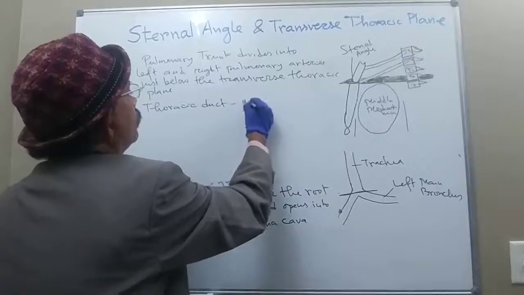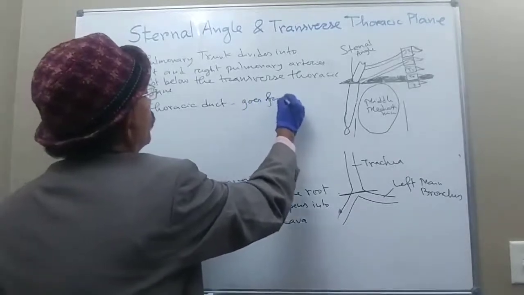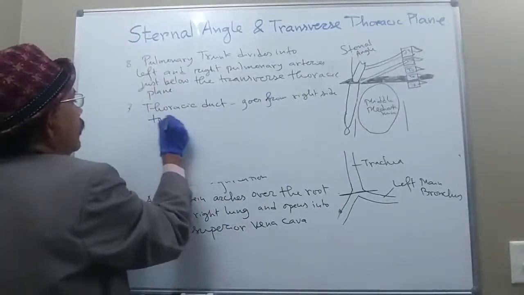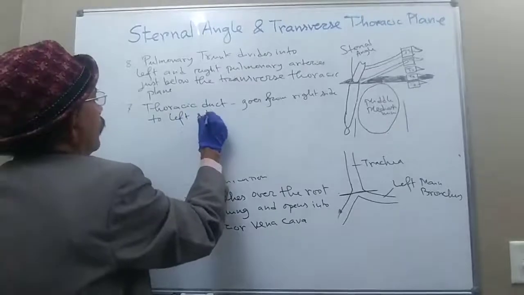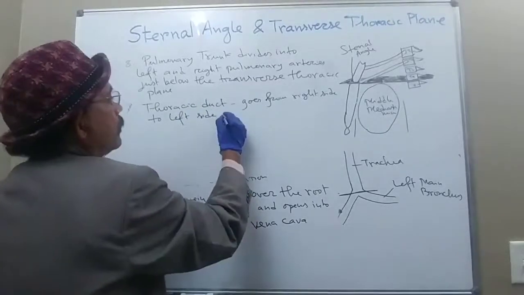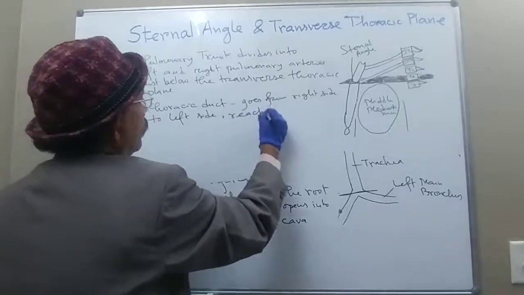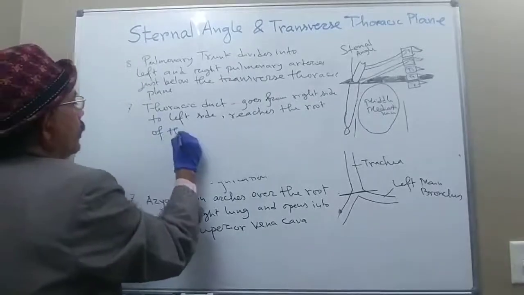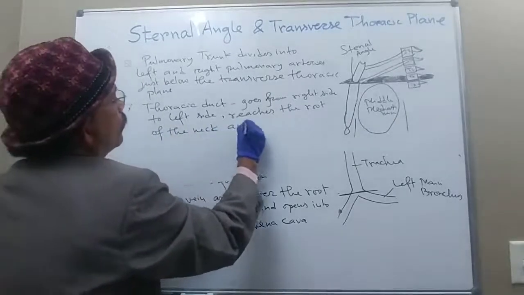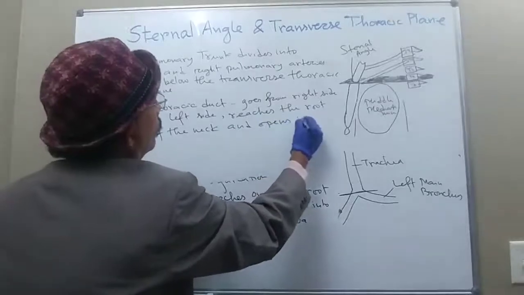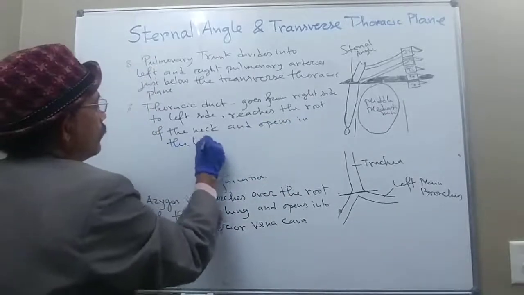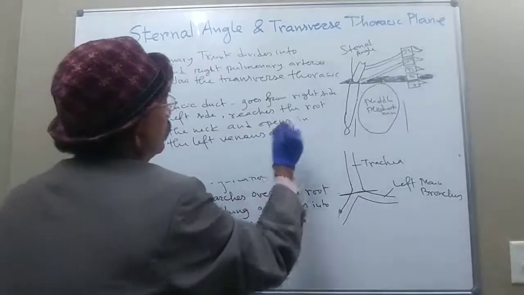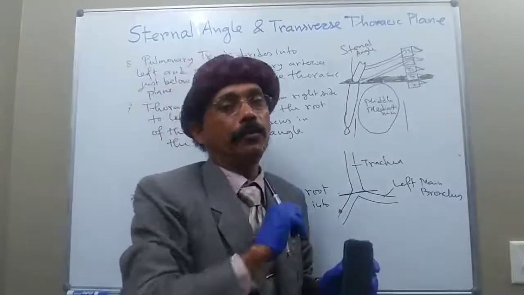So the thoracic duct goes from the right side to the left side, and reaches the root of the neck and opens in the left venous angle, the angle between the left internal jugular vein and left subclavian vein.